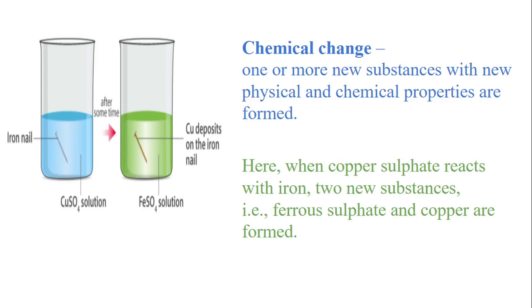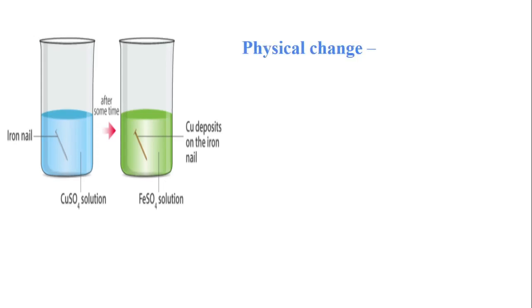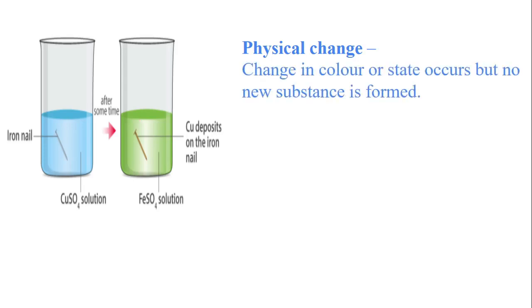Now, we will move to the physical change. Can you tell me what the physical change is in this activity? It is clear that there is a change in color. So we can consider it a physical change. Let us see. A change in color or state occurs but no new substance is formed.